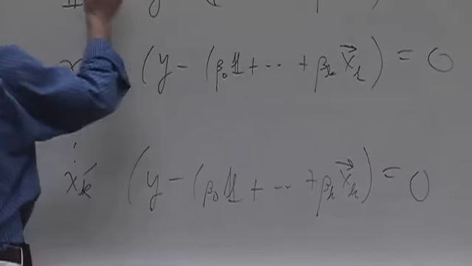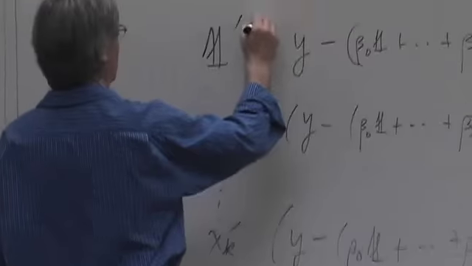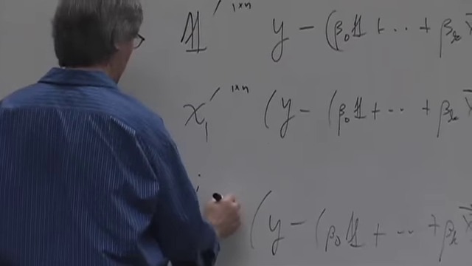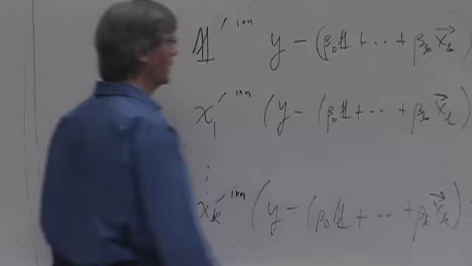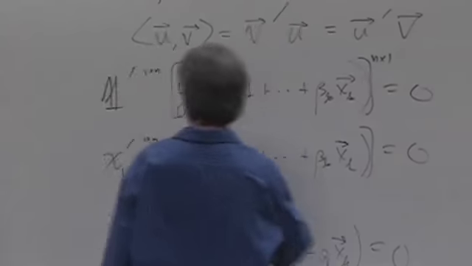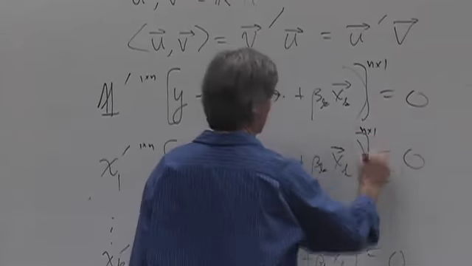See, if it's an n by 1, this is a 1 by n, this is a 1 by n, this is a 1 by n. All these transposes are 1 by n's. This is an n by 1. This is an n by 1, okay, etc.